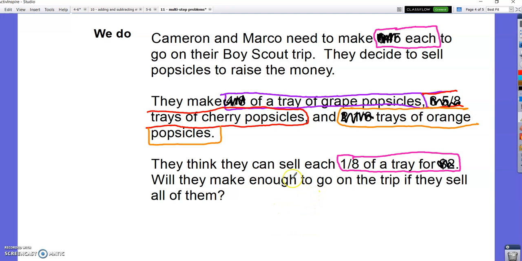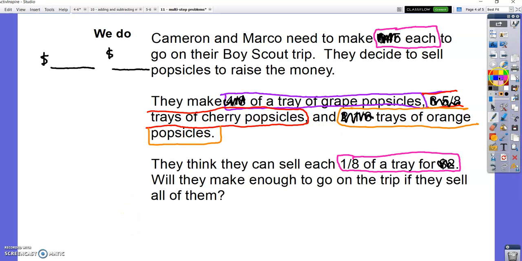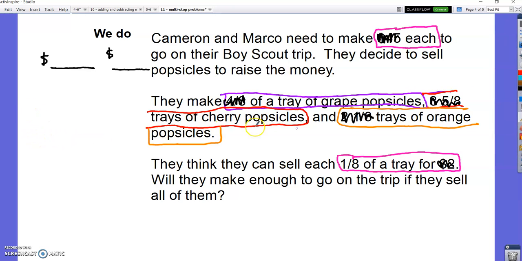So they need to make a certain amount of money, all right, to go on the trip. Actually, they each need to make a certain amount of money, so I might do 2 of those. So they're gonna sell grape popsicles, cherry popsicles, and orange popsicles. It might be hard to do here.